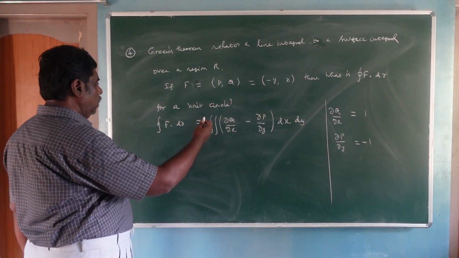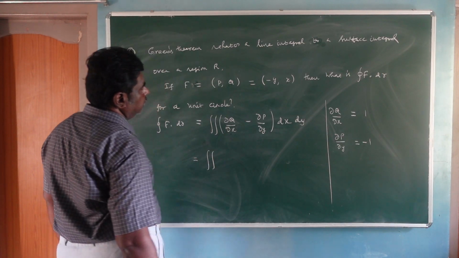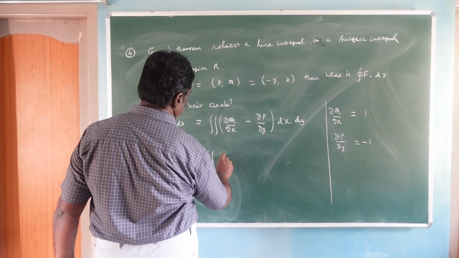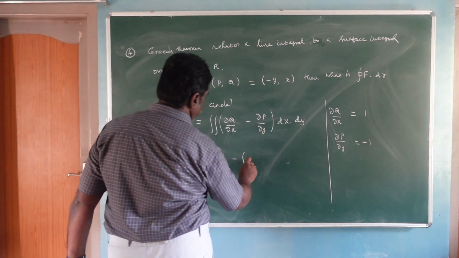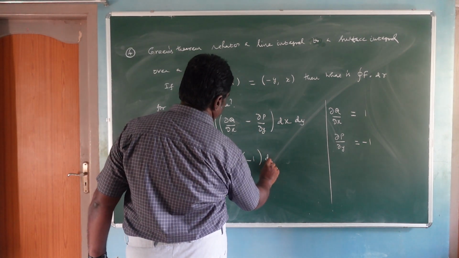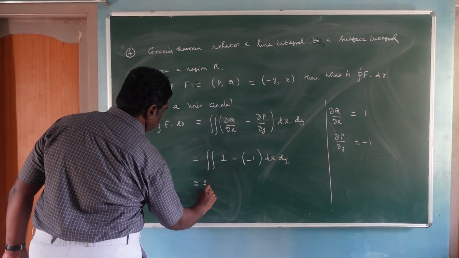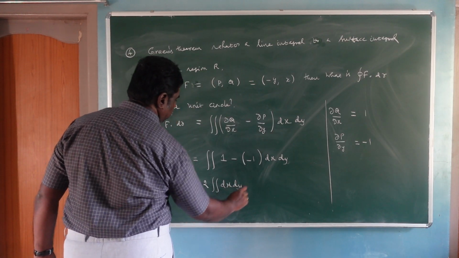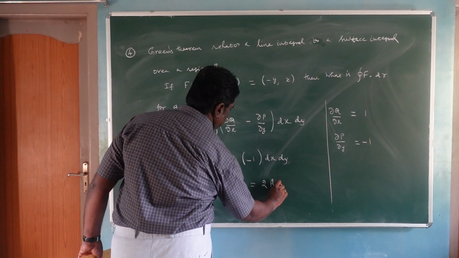Now substitute these two values here. Double integral of (1 minus (minus 1)) dx dy, which is equal to 2 into dx dy, which is 2 into area.